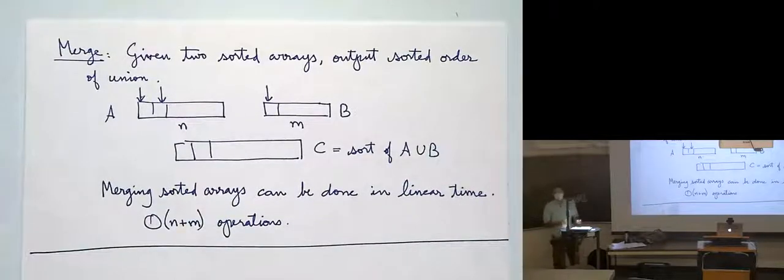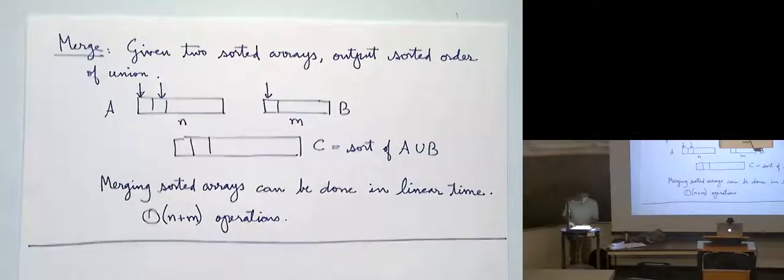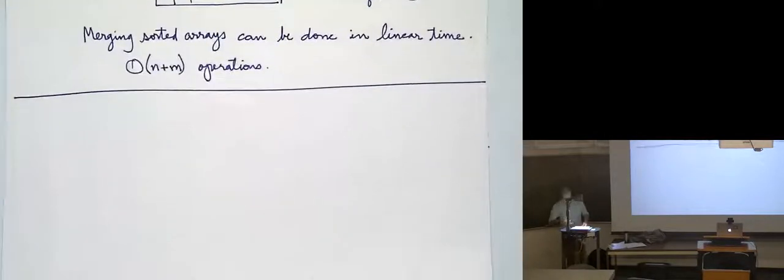So now that you have a merge procedure, how are you going to do merge sort? What I'm going to give you here is the paradigm of divide and conquer in action. That's the way to think about it.